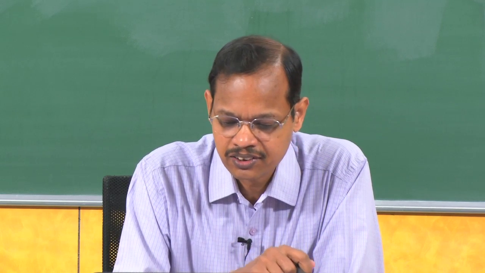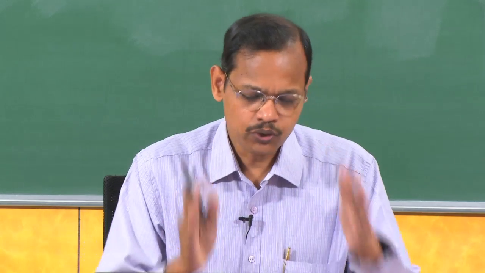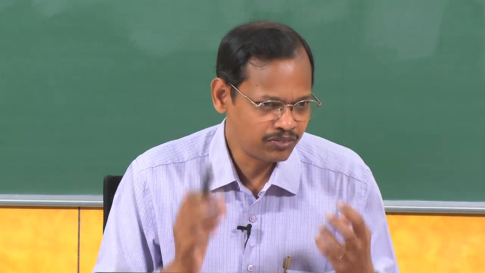In some cases they do not have any preferences, and in some cases you can see preferences. Glycine is not preferred at any position, it is totally random. Alanine is preferred at J as well as other positions, and in some cases you can see the preference at some positions and not at others. So we can use this matrix to get the information.